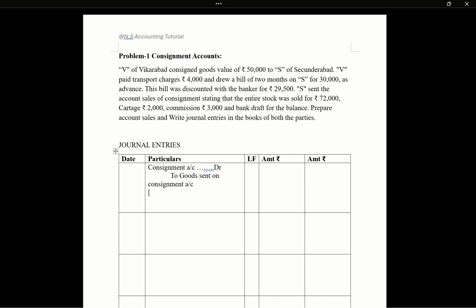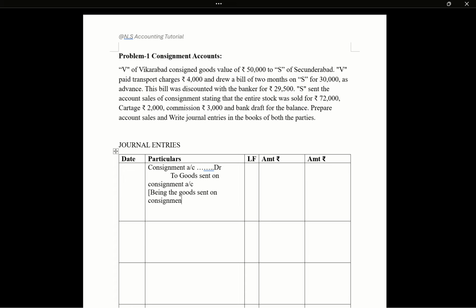The narration will be being goods sent on consignment. The amount is rupees 50,000.